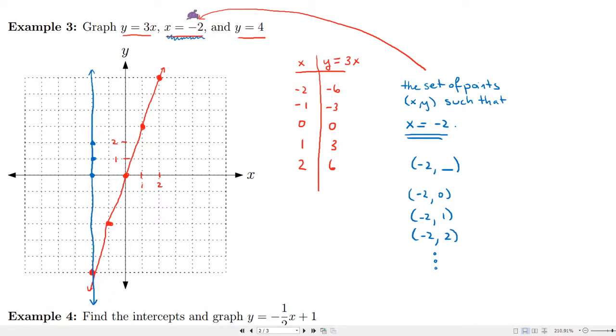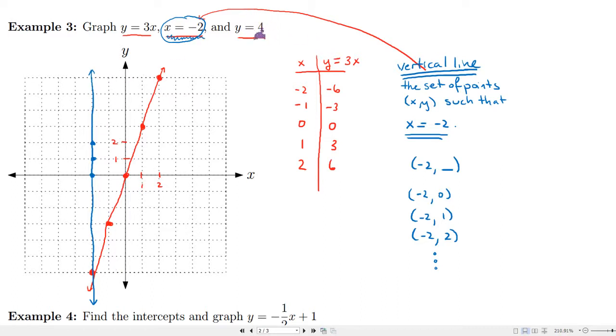So in a situation like this, when you have x equals a constant, what kind of line are you getting? Well, you're getting a vertical line. And why is that? Well, vertical lines are when the x value is fixed, like this, but the y is allowed to change.